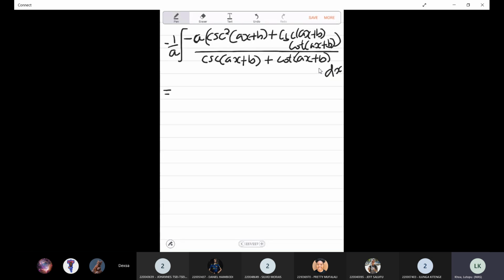So this is minus 1 over a ln of cosec(ax+b) plus cot(ax+b), and then you add your constant of integration.